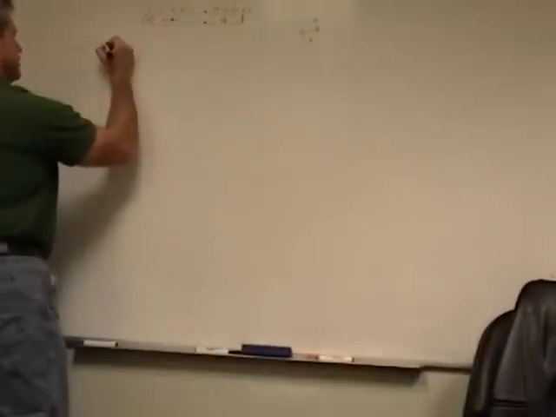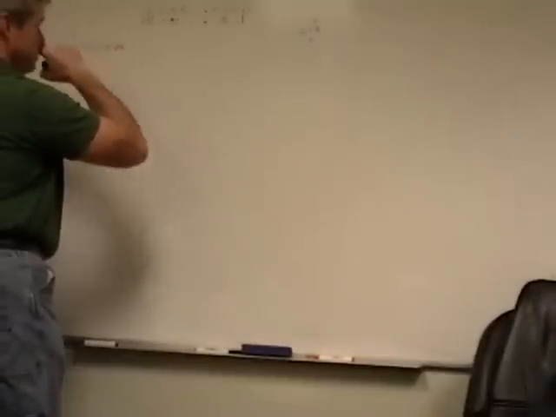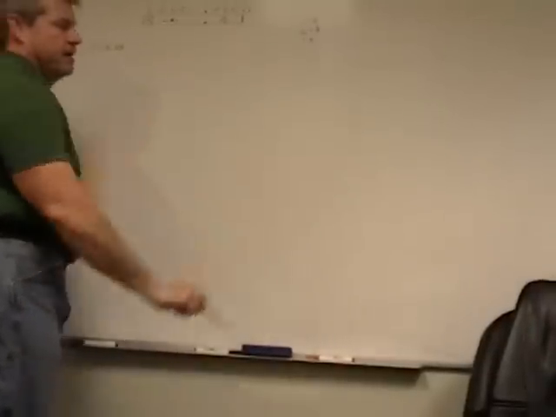I'm cheating. I've got this up on my computer screen over there. So we've already lost some fidelity because we can't represent 1.2 in binary because it's an infinitely long string.